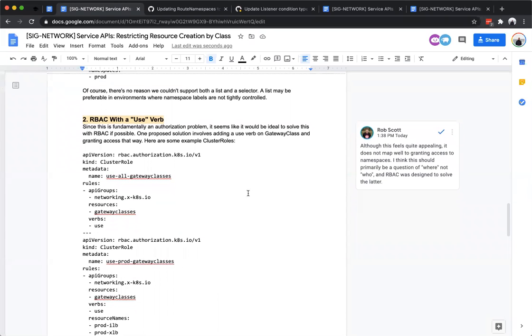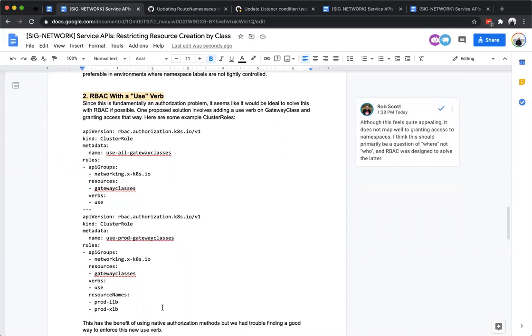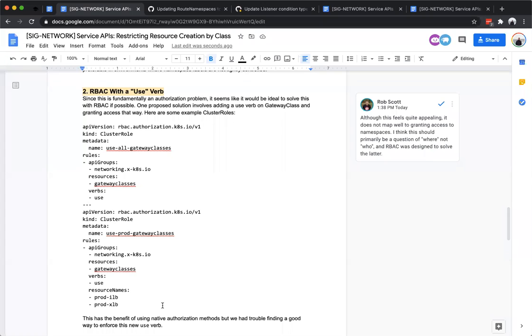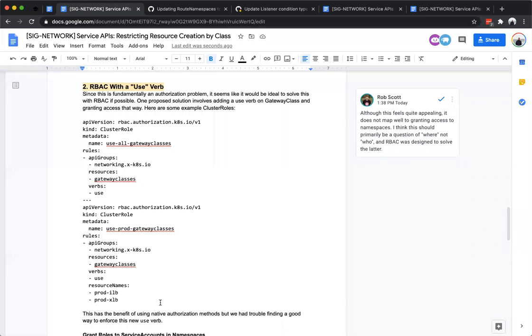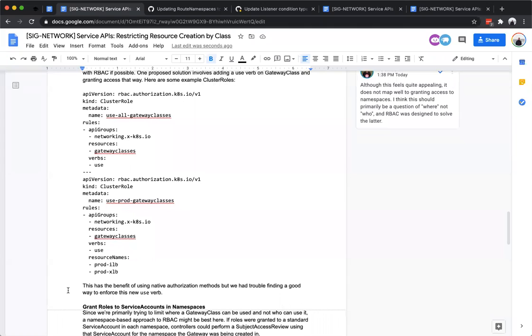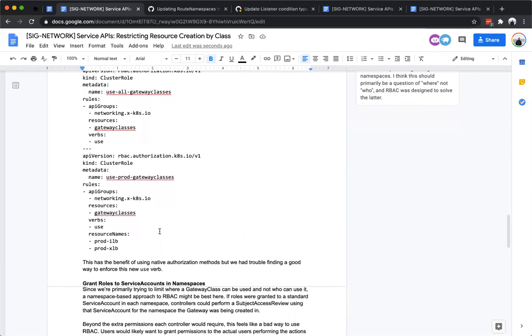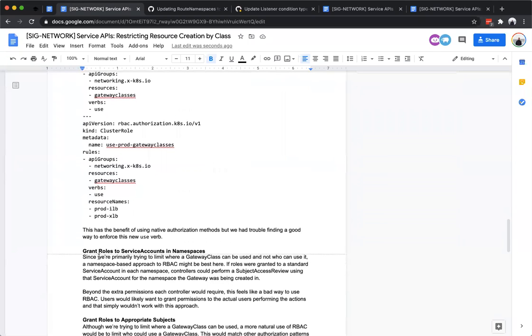And so I tried to lay out, heavily borrowing from Mike Haya's original proposal, that this absolutely has the benefit of using our native authorization methods. I described the idea of granting roles to service accounts in namespaces as our way of linking this to a namespace.